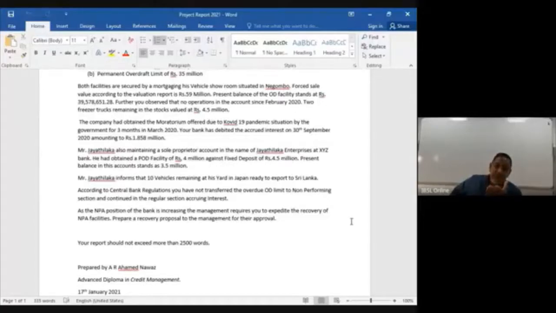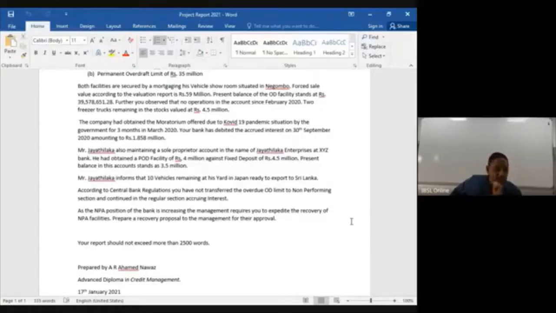I told you I would get information from the customs, the Chamber of Commerce, the Vehicle Importers Association, the Census and Statistics Department, and the Central Bank report for the last 3 or 4 years, statistically, about the number of vehicles, value of vehicles, and types of vehicles imported into Sri Lanka. That can give a picture of the background of this industry.